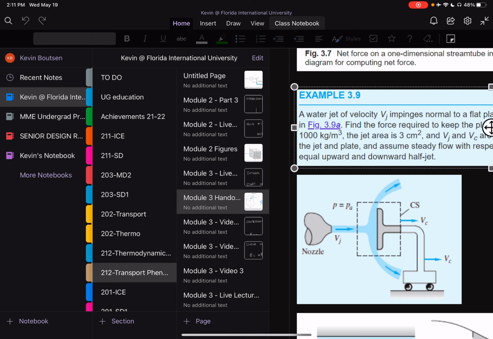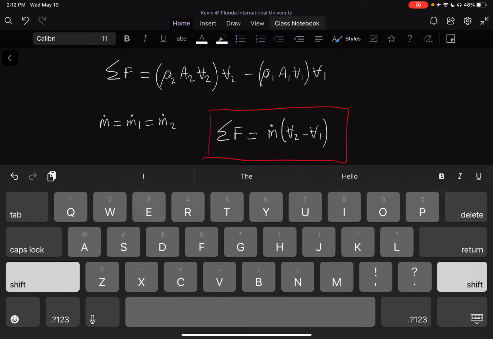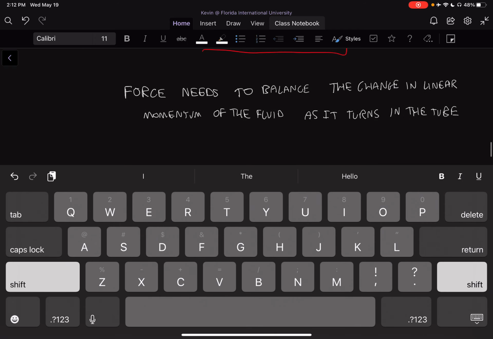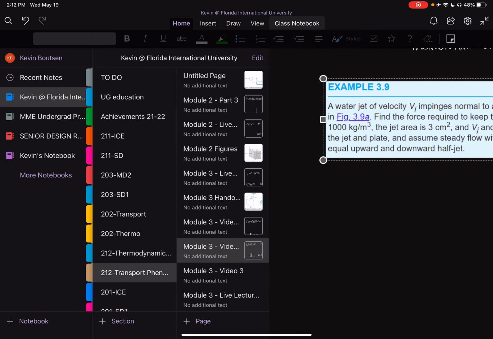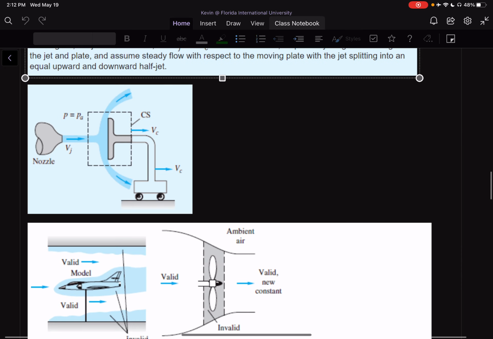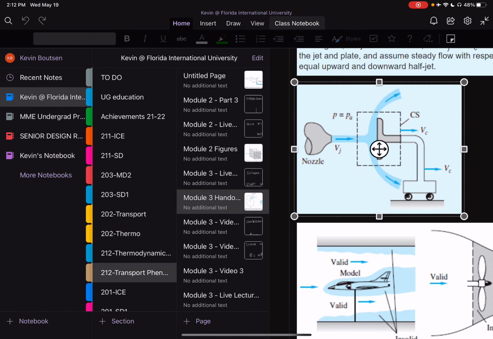And in example 3.9, we have a water jet that we're going to analyze using linear momentum relations. So we have a water jet. Let me copy over the diagram as well, so that we have a better idea of what's happening.